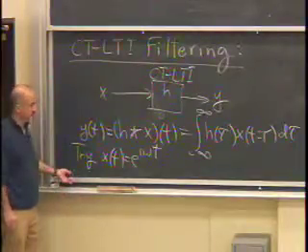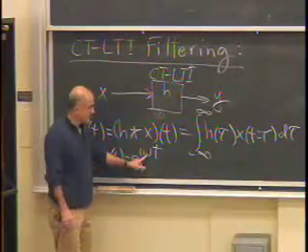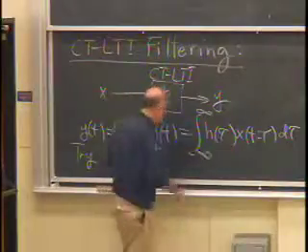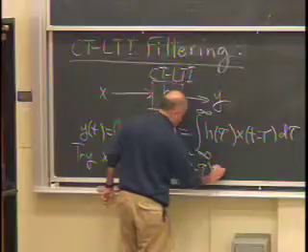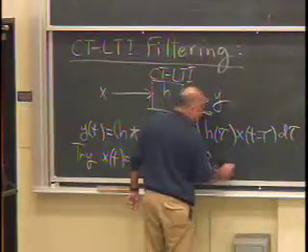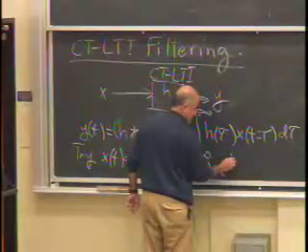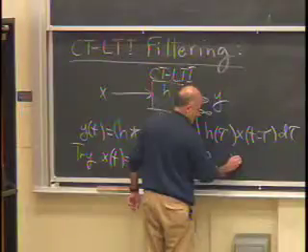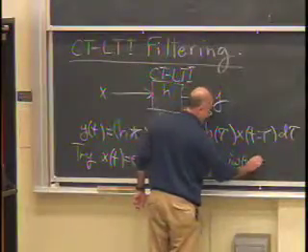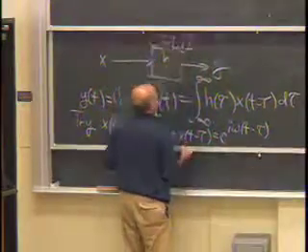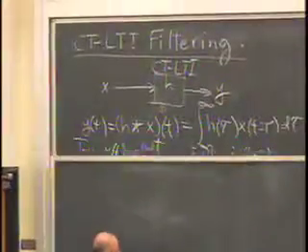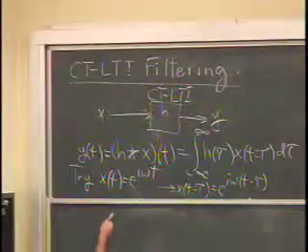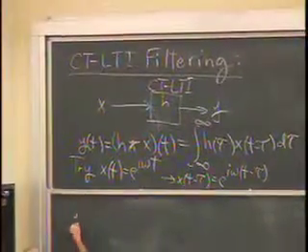Okay? If x of t is e to the I omega t, x of t minus tau is e to the I omega (t minus tau). So I plug it into the convolution expression.